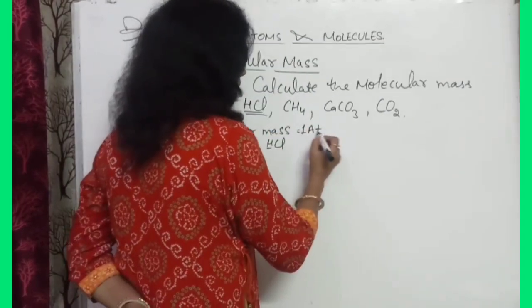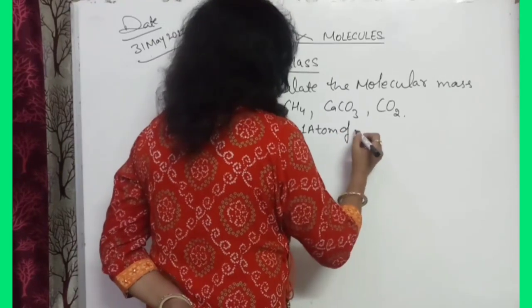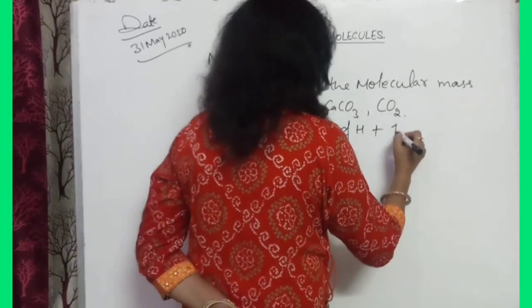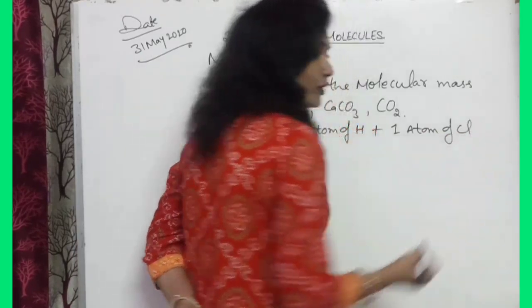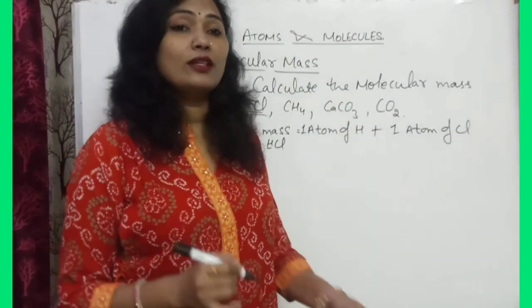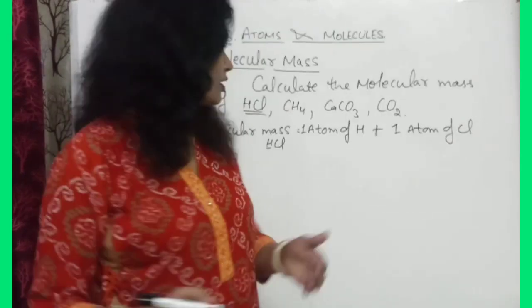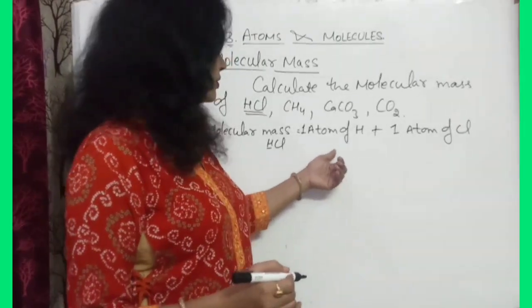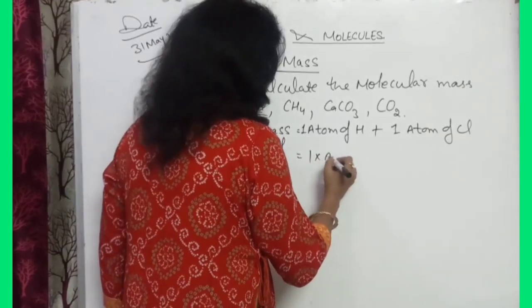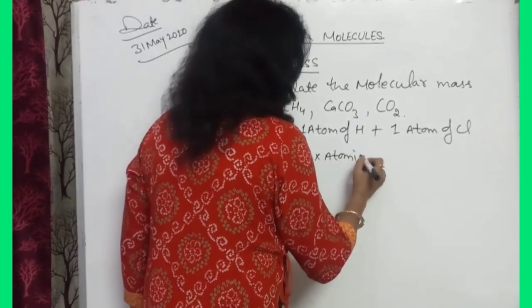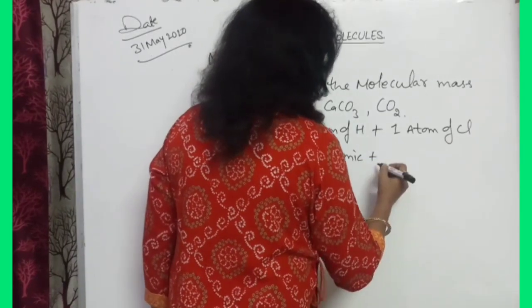One atom of H plus one atom of Cl, chlorine. For this you can remember the atomic mass. The atomic mass of H is 1.